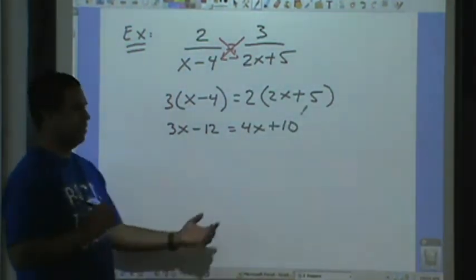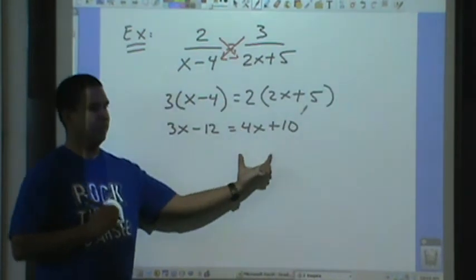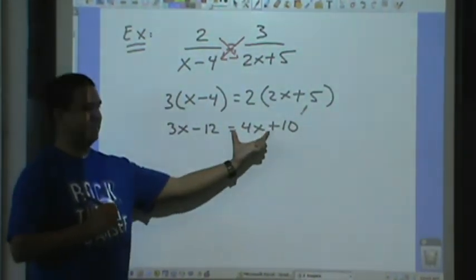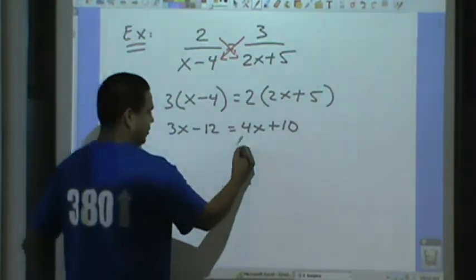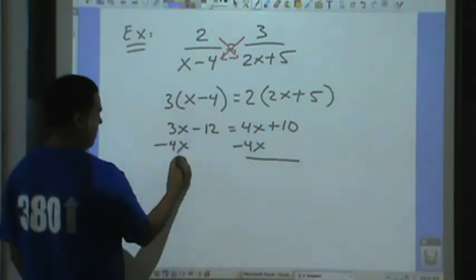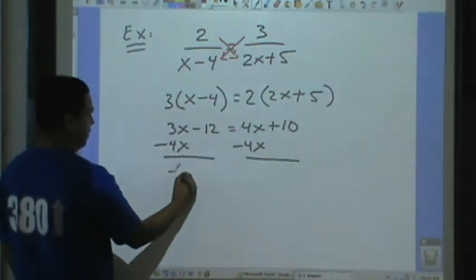Good. And I've been teaching you to bring the variable to the left. So what should we do next? Subtract 4x. So 3 minus 4, negative x.